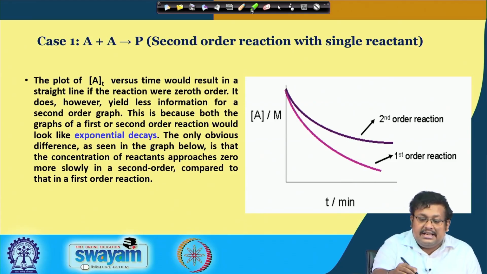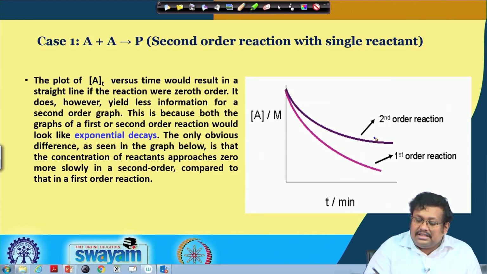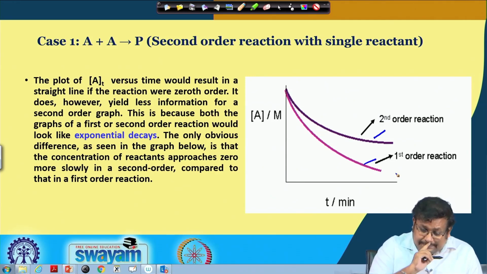If you can see here, there are two graphs, one for the second order reaction and another for the first order reaction. Both follow an exponential decay when we plot concentration versus time.